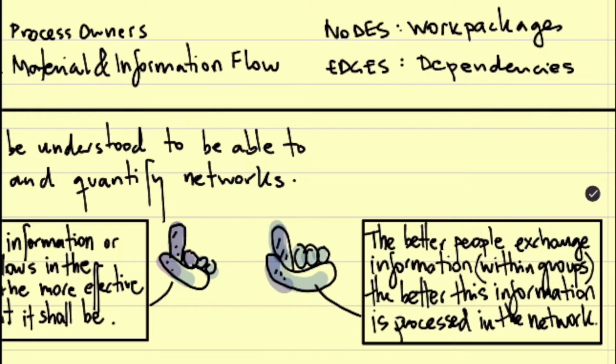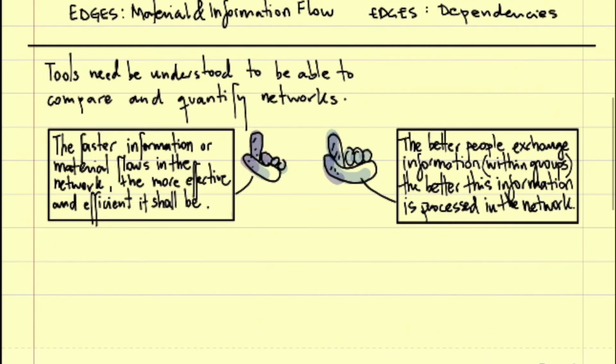Does it make sense? So the better the communication between people is, the better the information exchange, the better people will solve problems together, and the better things will get done.